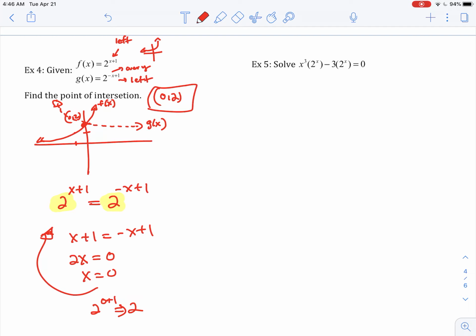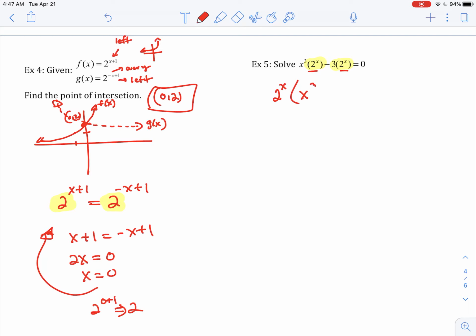Our last example here is example 5. We want to solve for x. Well, any time that we can take out a GCF, our greatest common factor, we should always try to do that. And we have this common factor of 2 to the x.